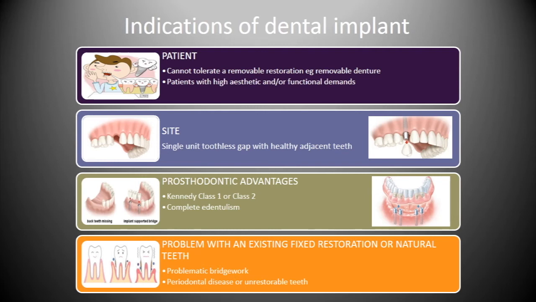Removable partial dentures generally require the preparation of more teeth. In cases where the bridge work is problematic or in the presence of periodontal disease or unrestorable teeth, dental implants are also strongly indicated.